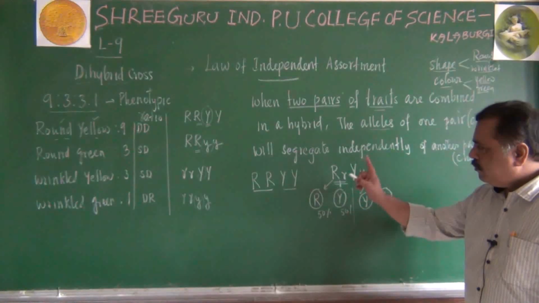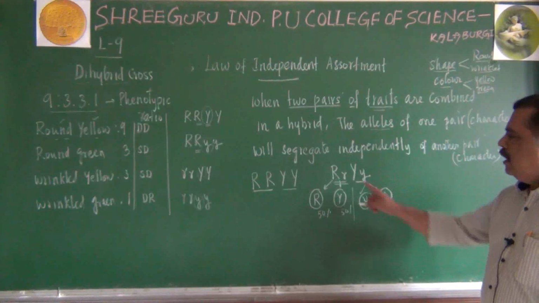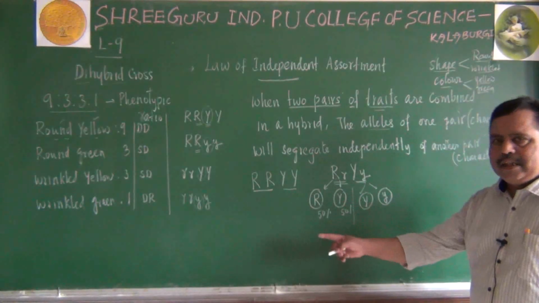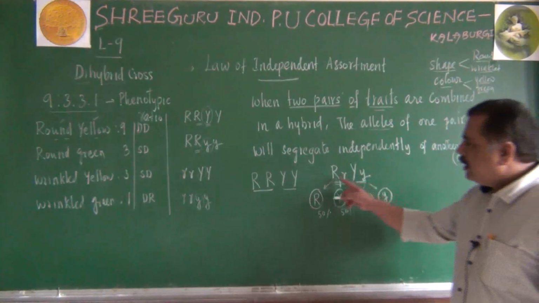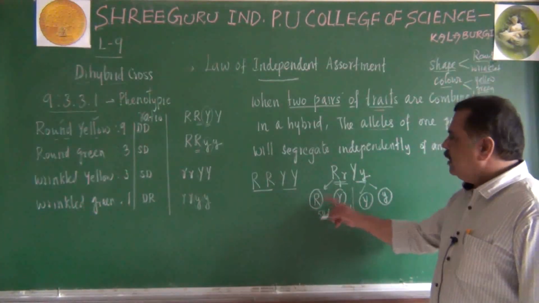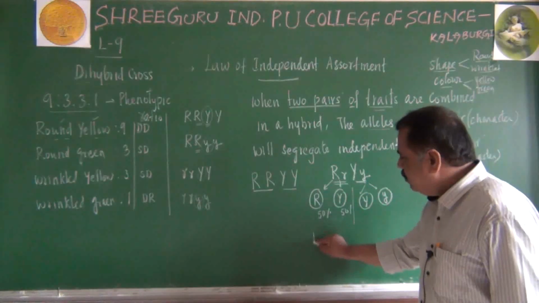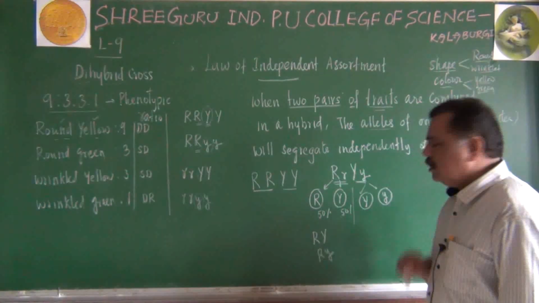The alleles of one character will segregate independently of another character. Capital R and small r will segregate independent of capital Y and small y. When capital R is segregating, it need not take capital Y along with it. It can take capital Y or small y also.